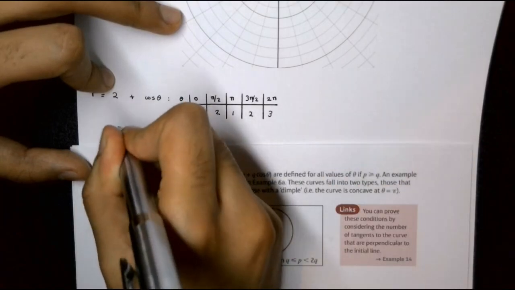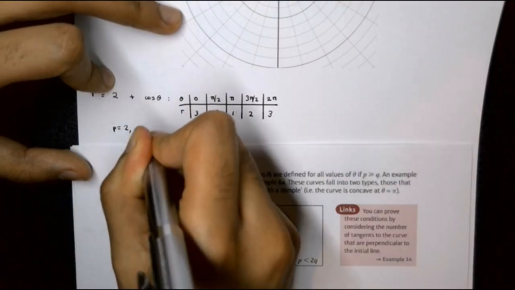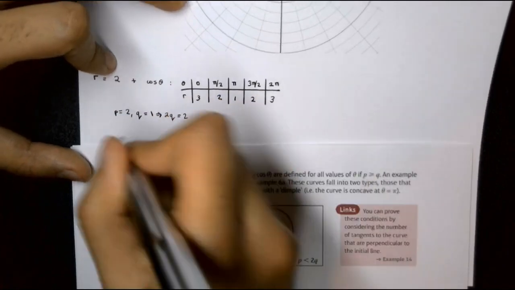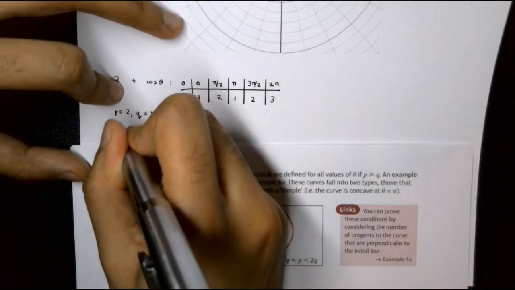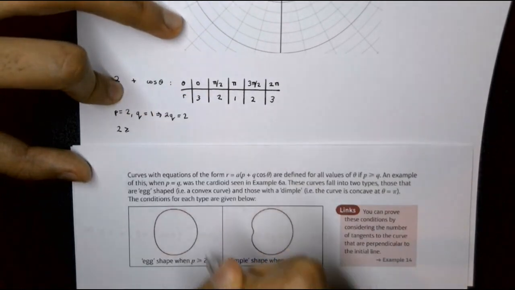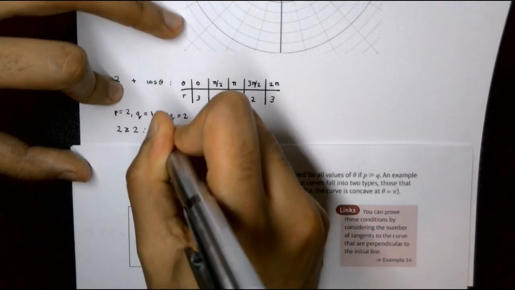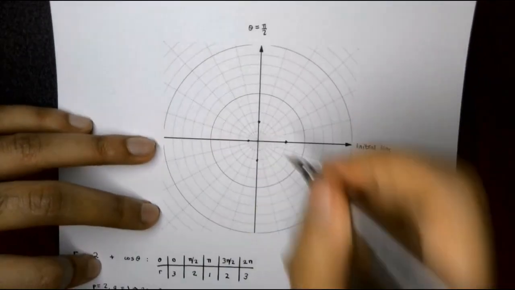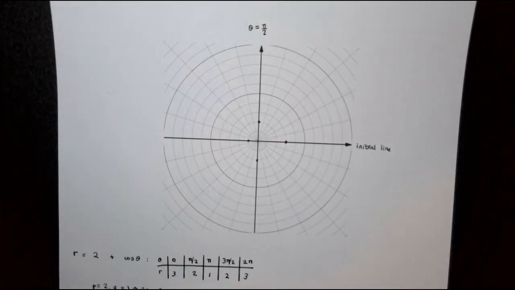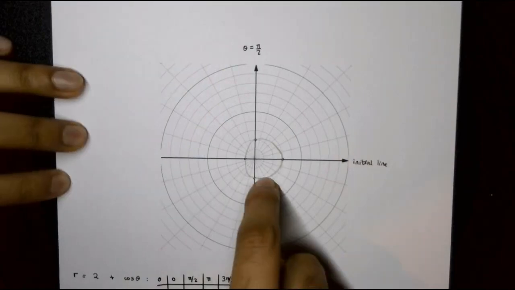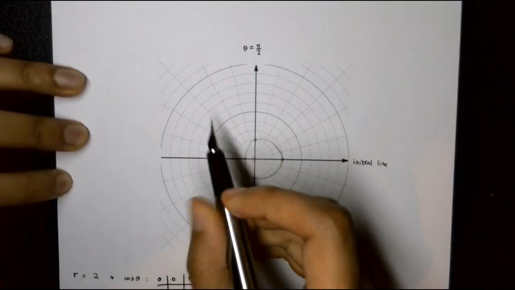So let's just write this down. P equals 2, Q equals 1, and therefore 2Q is equal to 2. And what you'll see over here is P is greater than or equal to 2Q, which is 2, and therefore here we've got an egg. So if we sketch all of this out, you can see here we've got this curve over here, so let's just label it.